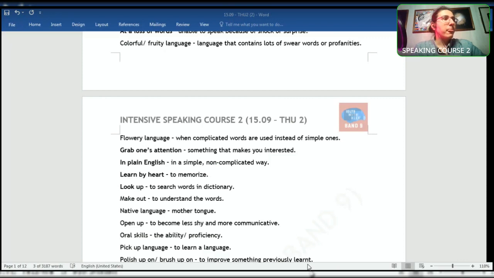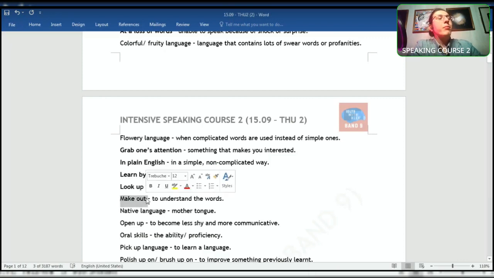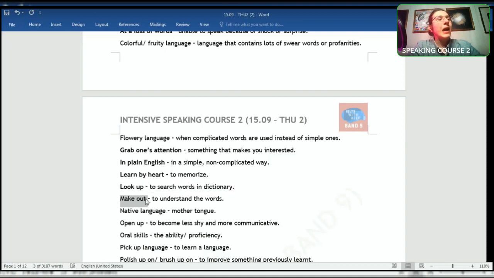Let's keep going. Make out. So, for example, make out the idea, right? You can say, you read the reading passage. What did you make out of it?